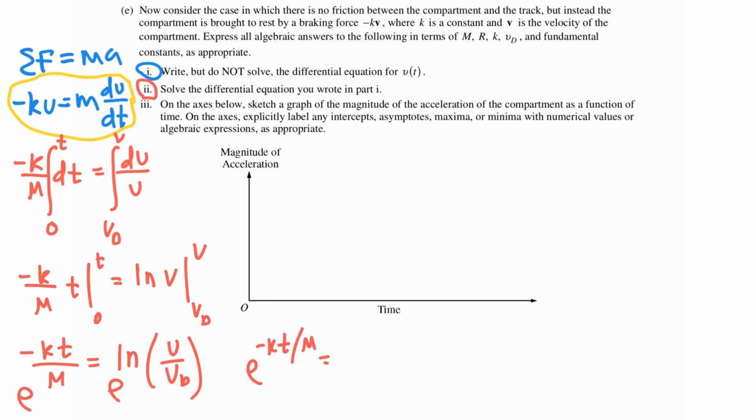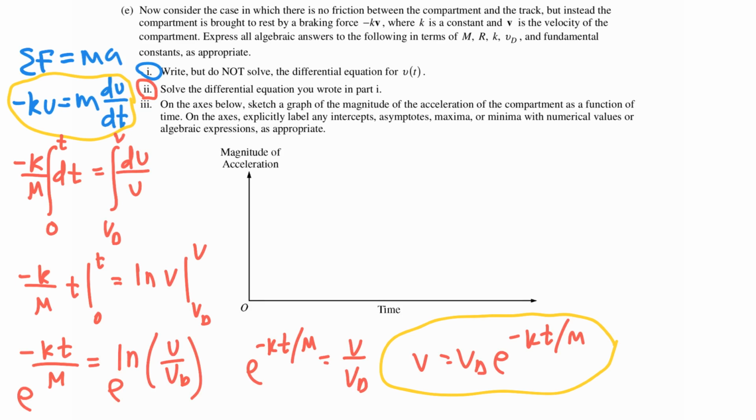And on the right-hand side, the natural log function will go away, and all we're left with is v over vD. And so finally, we just have to solve this for v. v is equal to vD, the initial velocity, times e to the minus kt over m. And so this equation is our velocity as a function of time.